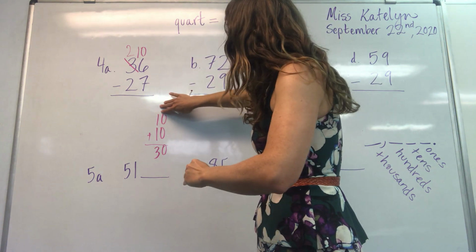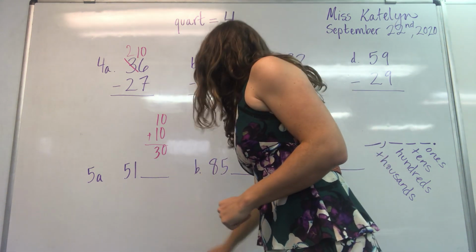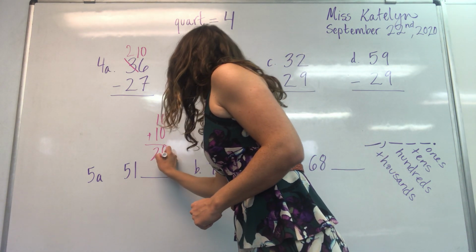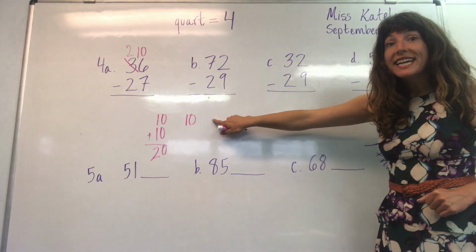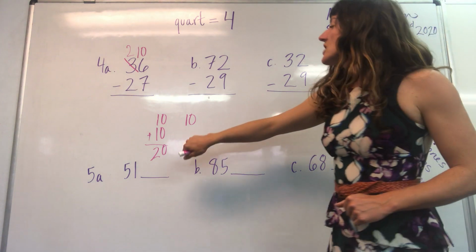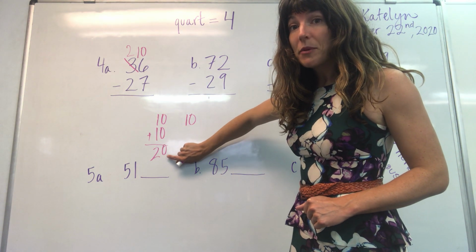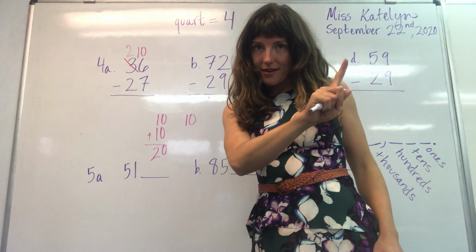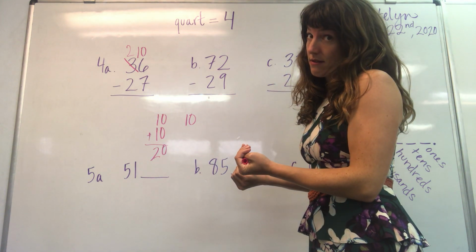When I borrow one of the tens, I'm left with 10 plus 10. 10 plus 10 is 20, and I moved one of the tens over here. Okay, so when I borrow from a 10, my number has to go down by 1. We always only borrow 1.